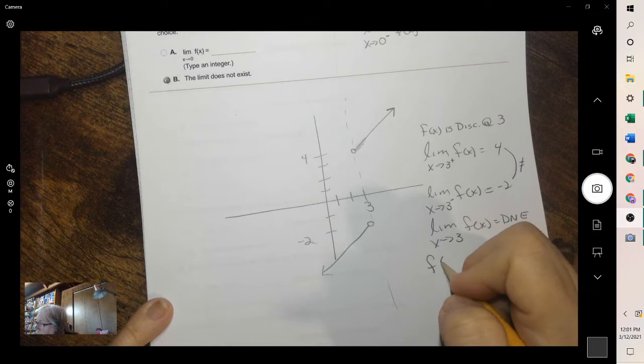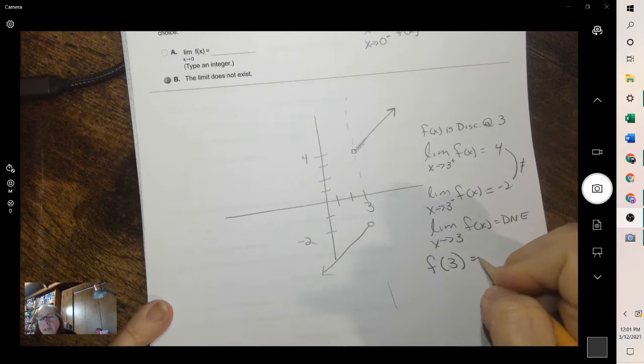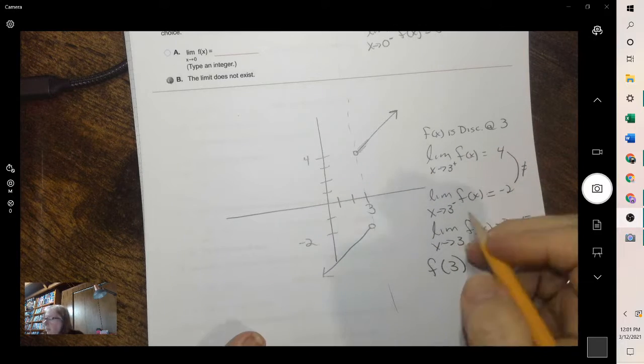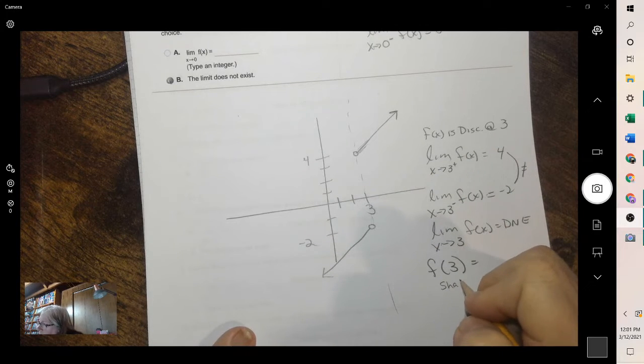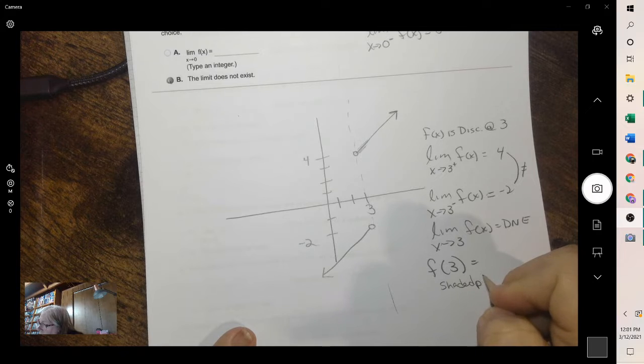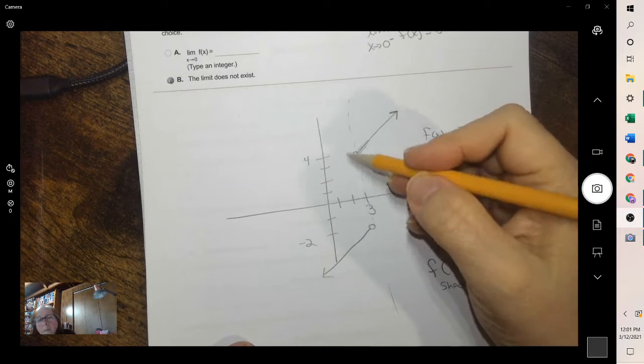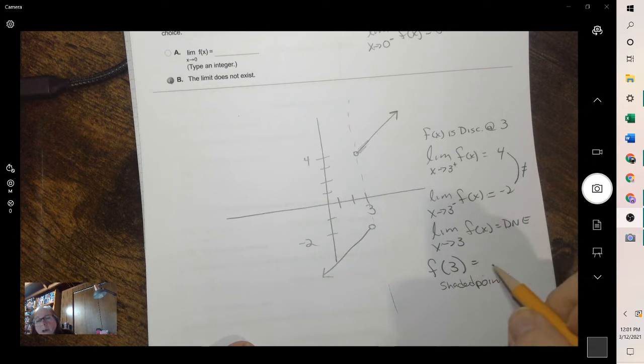A lot of times they'll also ask for f of 3. The way we have it right now, notice there's no shaded in point. And so this would not exist.